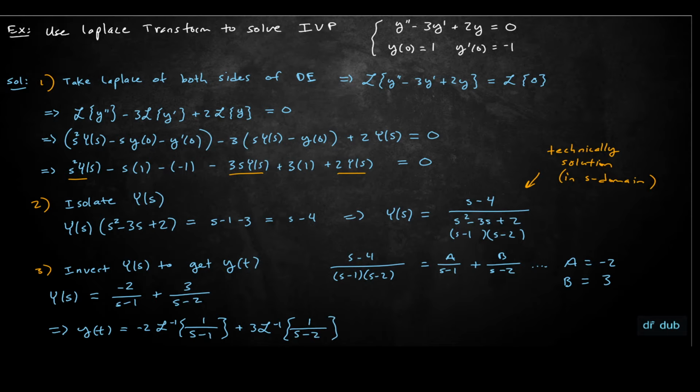And those are both just exponential functions, which is going to be -2 e to the positive t plus 3 e to the 2t. And that is our solution to the differential equation.